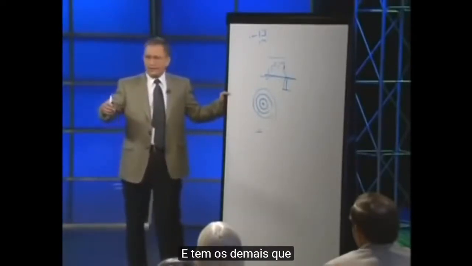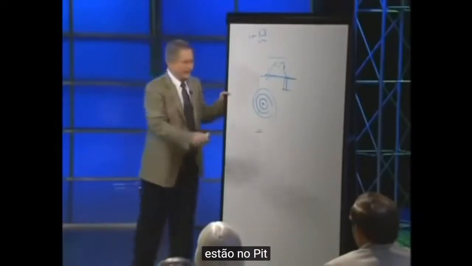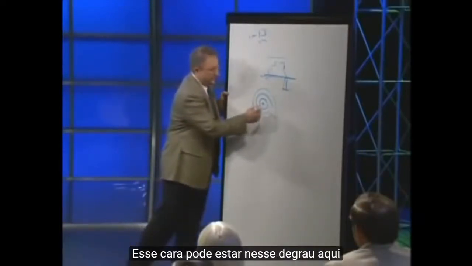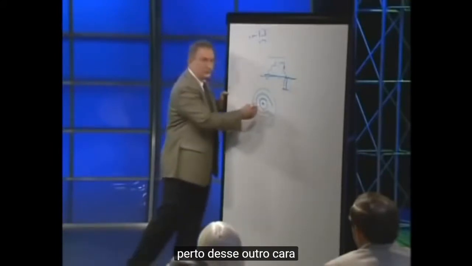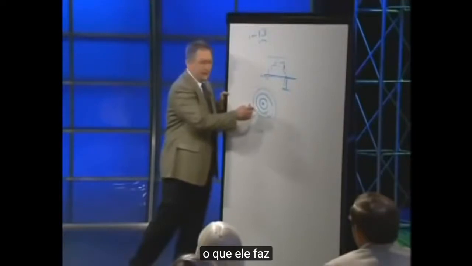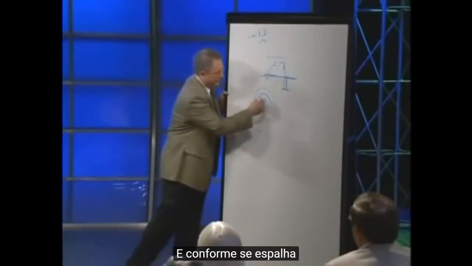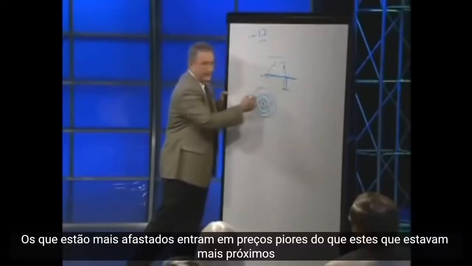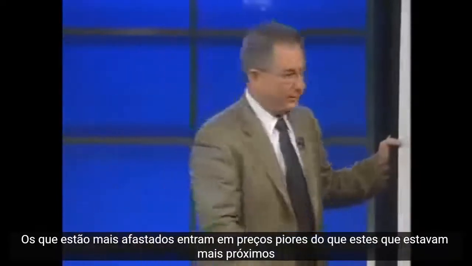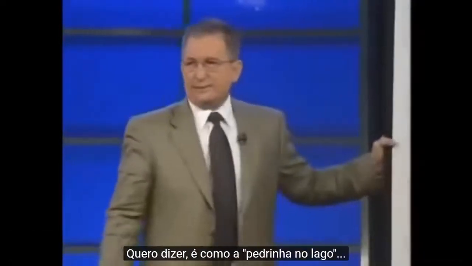And then you've got all the other guys in the pit who are closest to this guy, that will mimic what he does. And then it starts spreading out. As word gets out, the guys at the farthest end get prices that are greatly diminished in relationship to this particular individual. But the point is, it's kind of like the pebble in a pond.